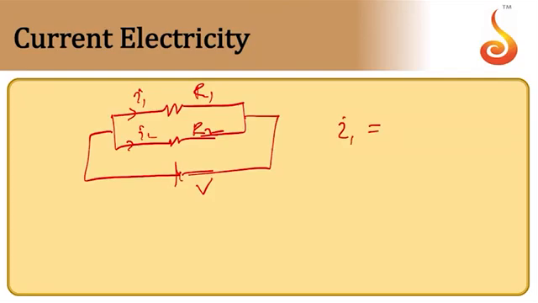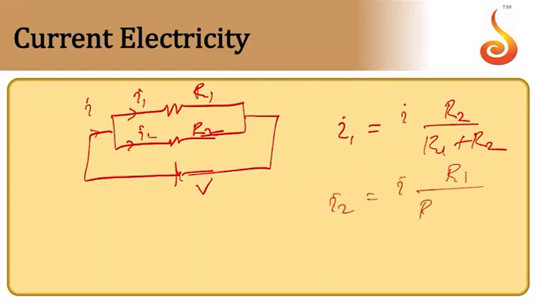I1 is equal to, if the main current is I, then it is main current into resistance of the other branch divided by the sum of the resistors. Likewise, I2 is equal to I into R1 divided by R1 plus R2. So this simple idea can be quite useful when you are solving problems. This branch current formula is quite useful.